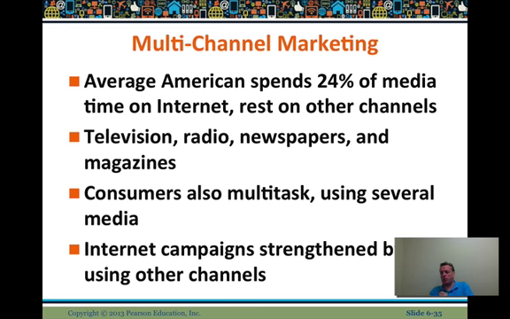Users also tend to multitask, so they might be watching the NBA Finals, but they're also watching the Twitter messages, or they might have Cablevision, HBO Go on, and maybe they're watching The Sopranos while they're watching the NBA Finals.